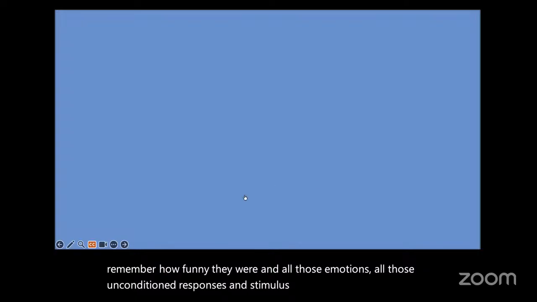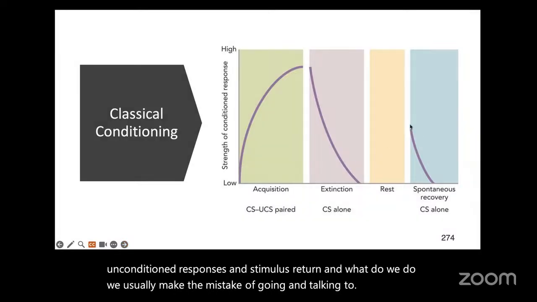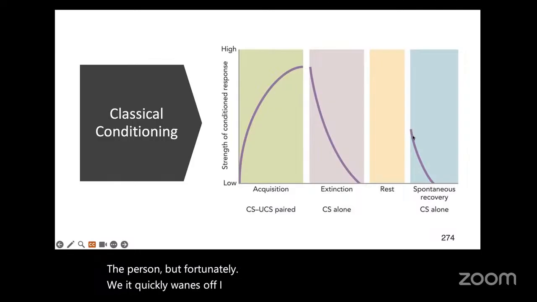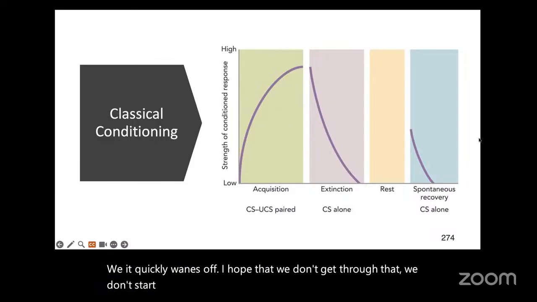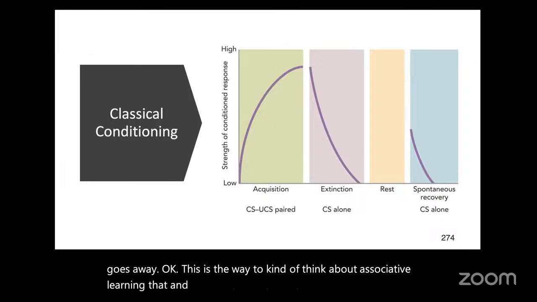And we usually make the mistake of going and talking to the person, but fortunately it quickly wanes off, I hope. We don't start back over here, but hopefully it just wanes off and goes away.